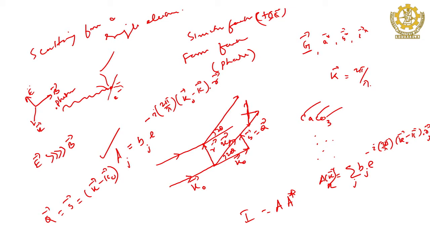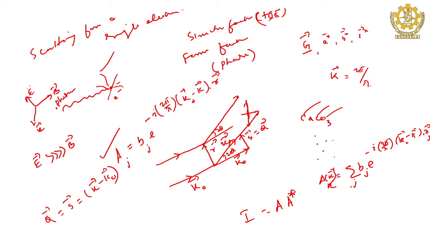Why j? Because j will change depending on the position of the electron you are considering. Therefore, there is a sum over j.